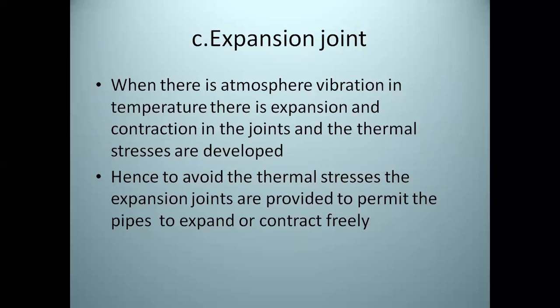When we connect two pipes, and at that time there is an atmospheric variation in temperature, that is a change in temperature, then expansion and contraction occurs in the joint or in the pipe, and because of that thermal stress is developed.